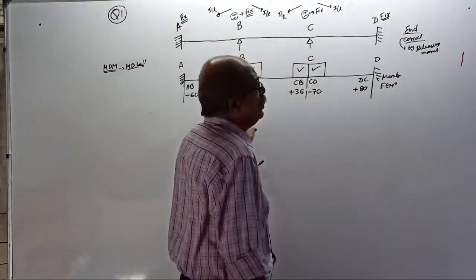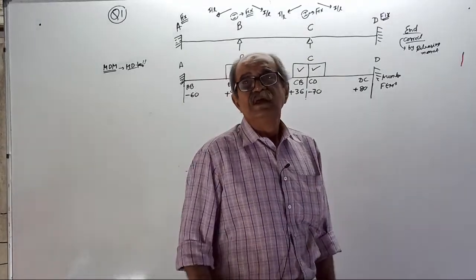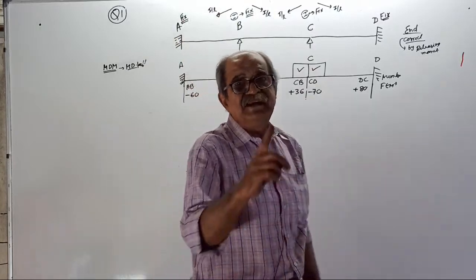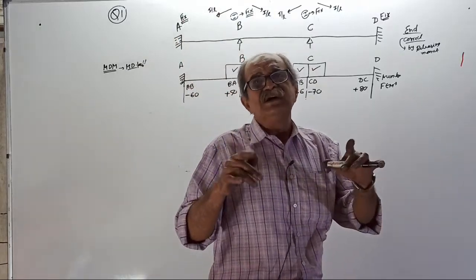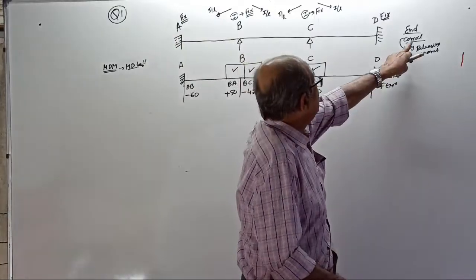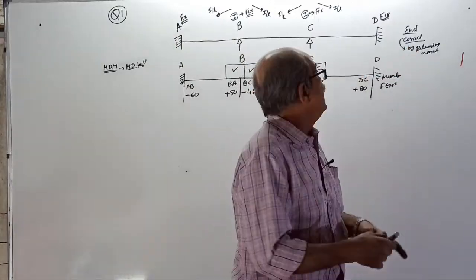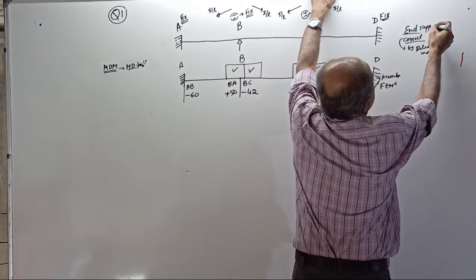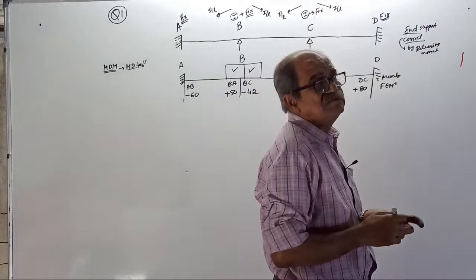Intermediate supports we do by moment distribution. That's the correct concept. I told already, but remember it as end support correction.